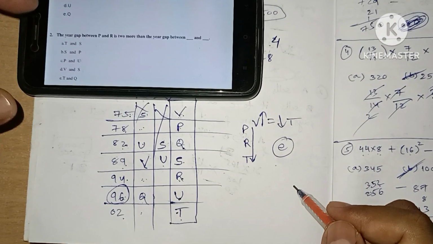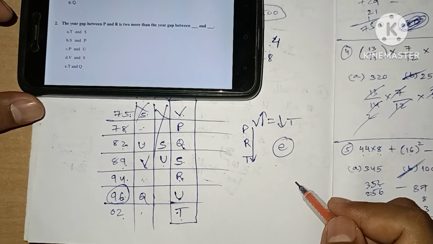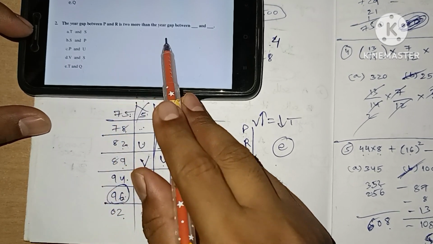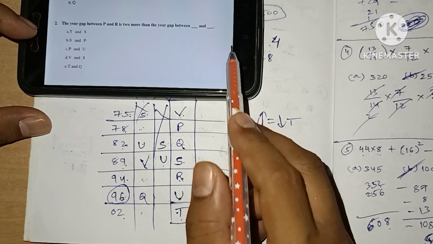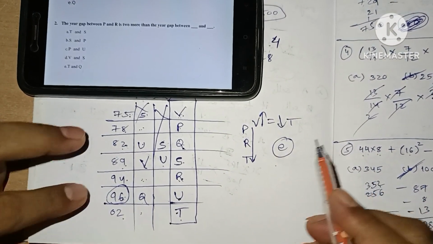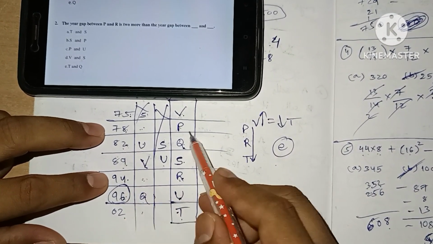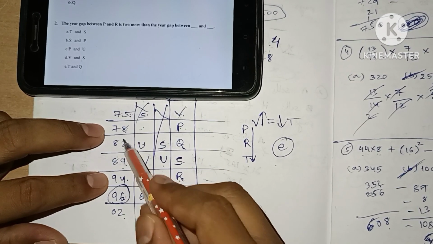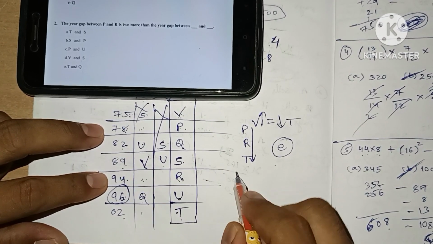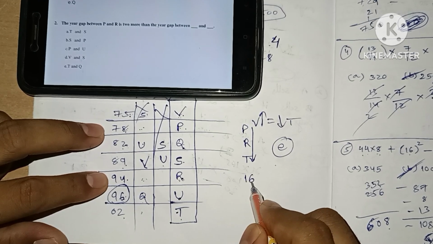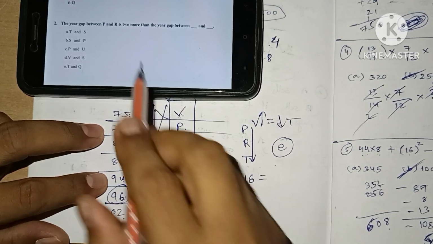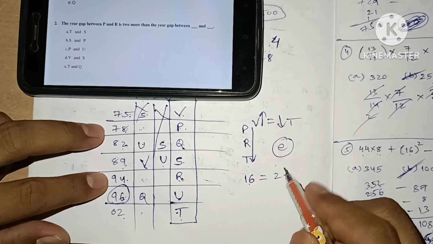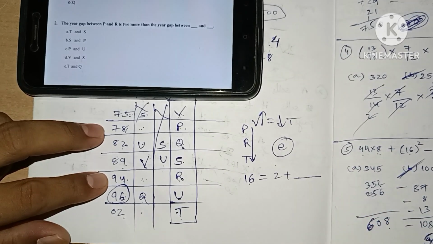Next, second question. The year gap between P and R is 2 more than the year gap between dash and dash. So talking about these two, P and R, the difference between these 2 years is 16 years, saying that it equals 2 more than the gap between the two persons.